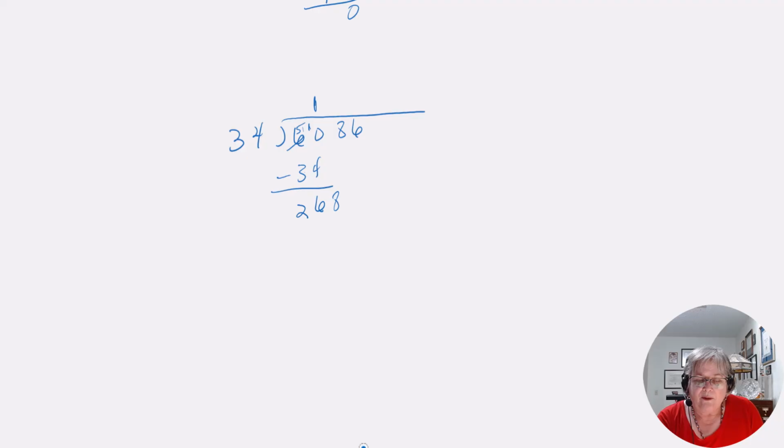We want to multiply 34 by something to get as close to 268 as we can. All right, if we tried 6, 6 times 4 is 24, carry the 2. 6 times 3 is 18 plus 2 is 20. Okay, now that seems to be a little small. Let's try 7.